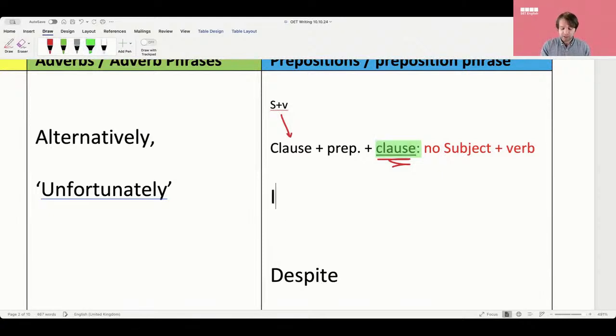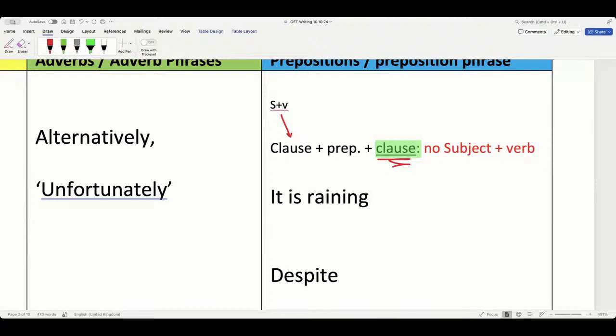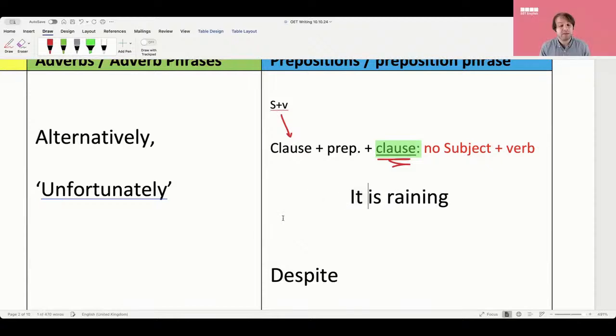Let me give you an example. It is raining. Where's the subject and verb here, guys? The subject is it, the verb is being. Okay, so it is raining despite.